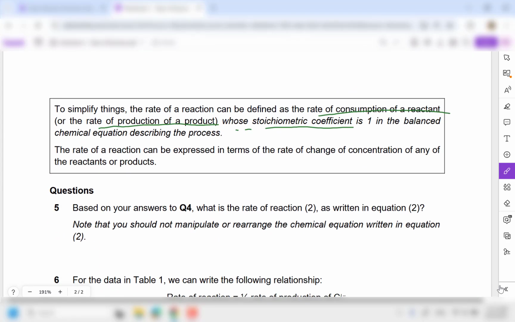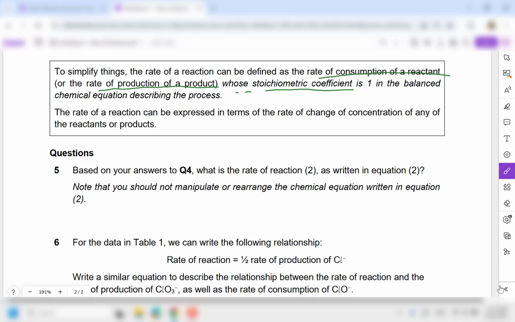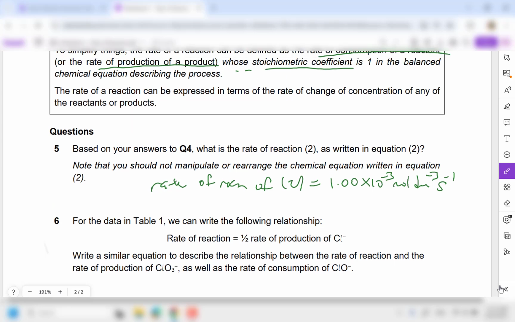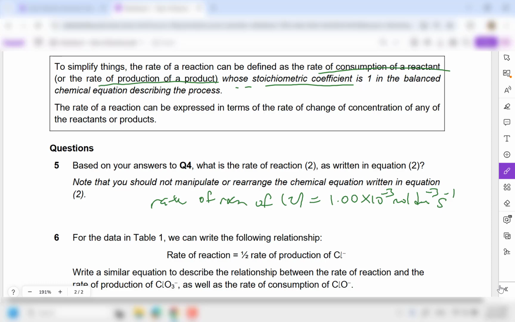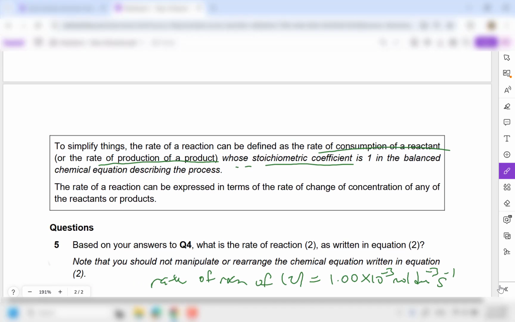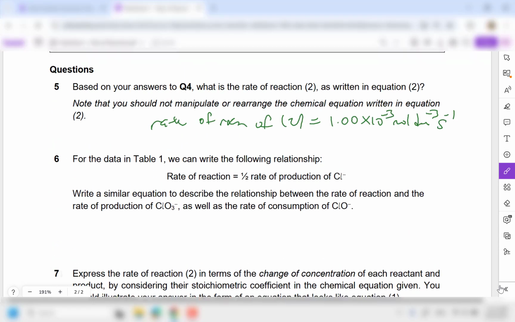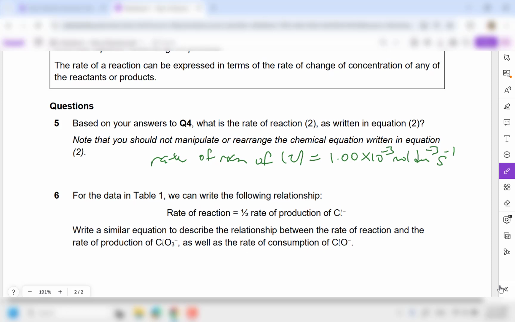Therefore the rate of reaction of 2 equals 1.00 times 10 to the power minus 3 moles per dm cube per second. Again, let me emphasize that this is generic, so it doesn't always represent 100%. You can represent the rate of a chemical reaction using any species as long as you define it clearly. This is just to make things simple, so do not be bound by it too much.